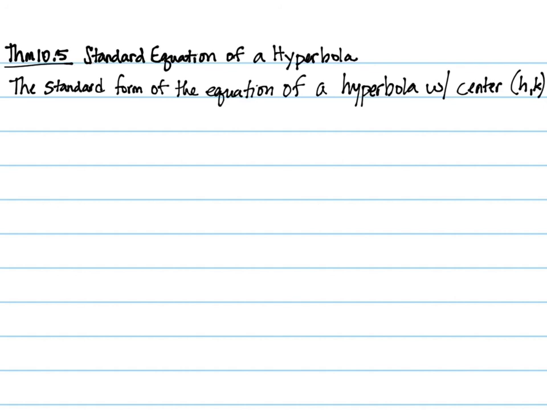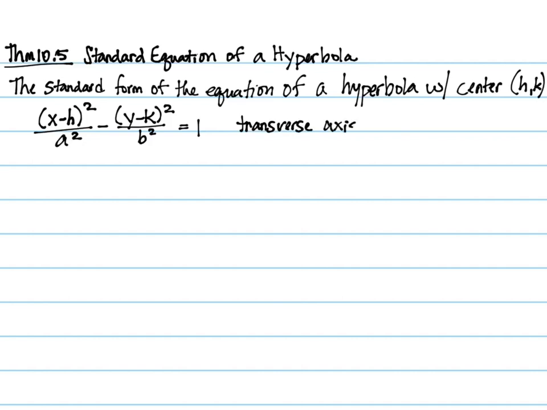So there's 2 of them. One of them is x minus h squared over a squared minus y minus k squared over b squared, and it's equal to 1, much like with my ellipse. This one has a transverse axis that's horizontal.